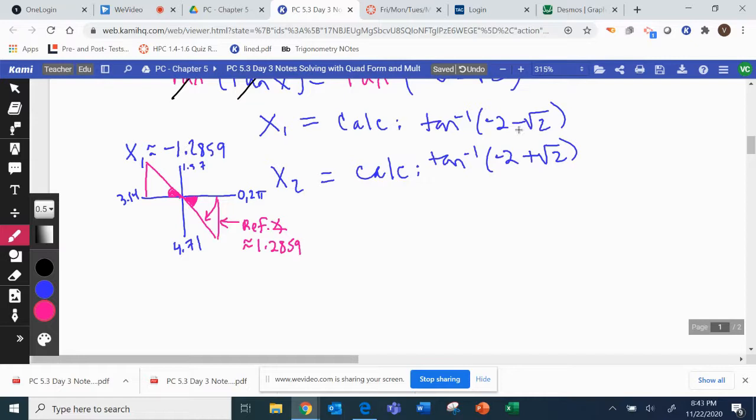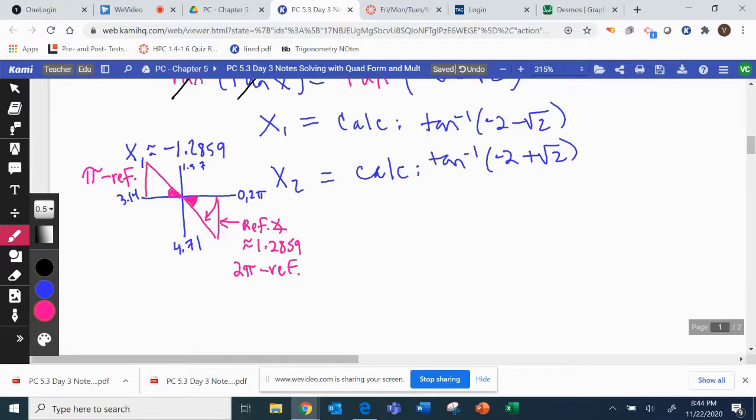And to get the answer in the second quadrant, I'm going to take pi minus the reference angle. And to get the answer in the fourth quadrant, I'm going to take 2 pi minus the reference angle.